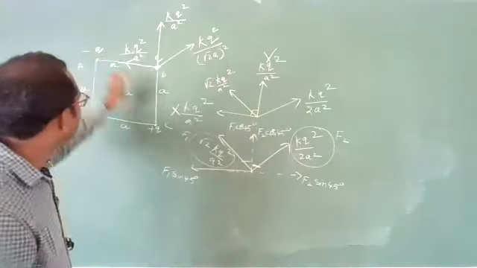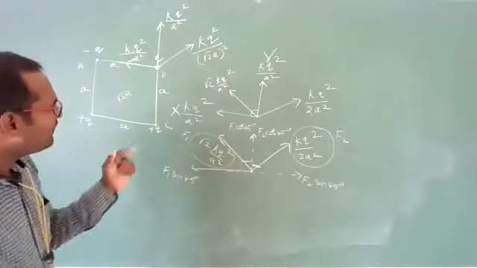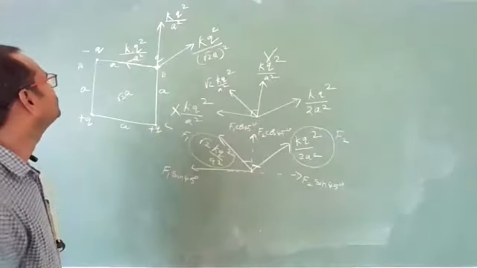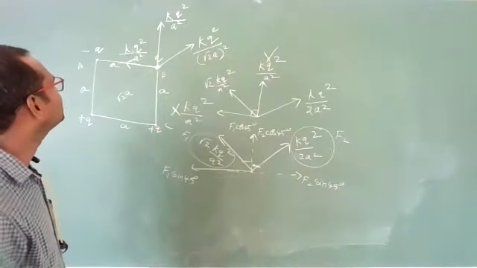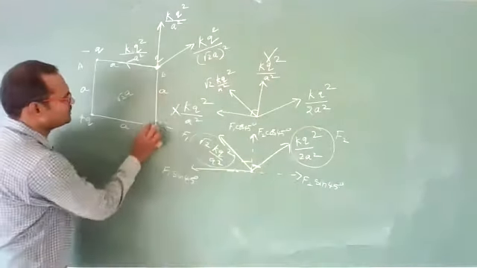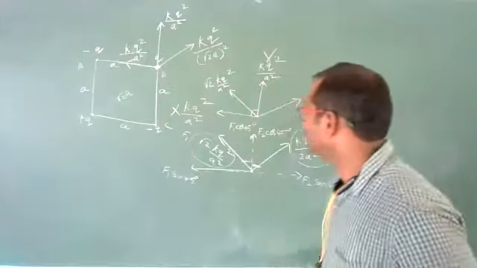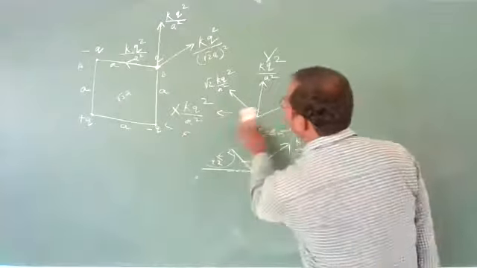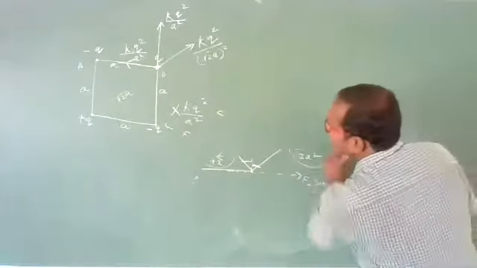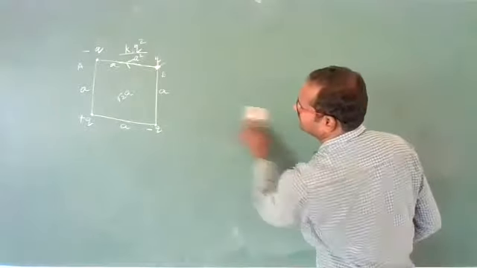I have made this somewhat complicated. If I want to make it easier for you, what I can do is make this one also negative. It will become very easy now. If you make this also negative, the directions will change, that's it.